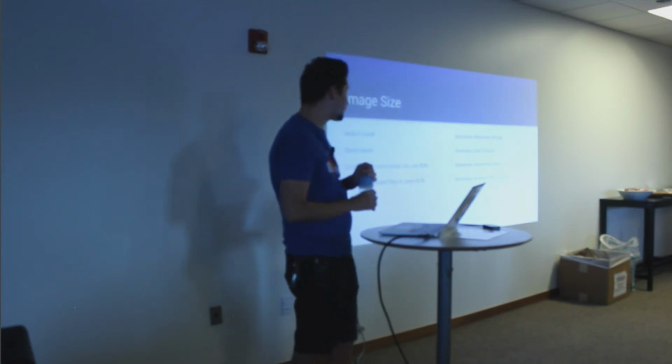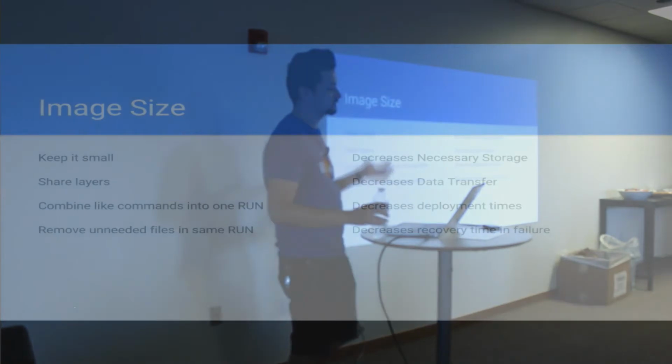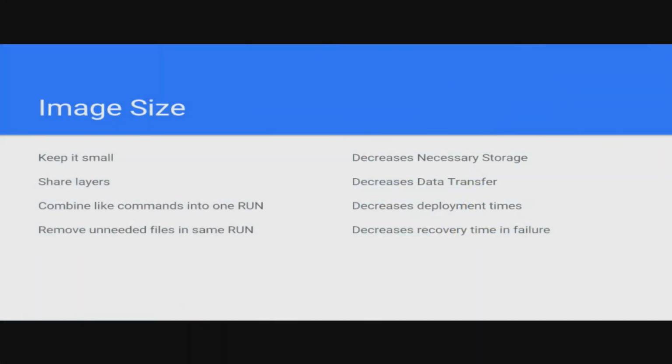Combine like commands into one run. So for instance, use your Java image that you share across your entire stack, whether Java 8, 9 or 7, and then try to keep all of your like commands in one run. Like I said, it will decrease your data transfer, but there are also stability improvements in the event of failure.